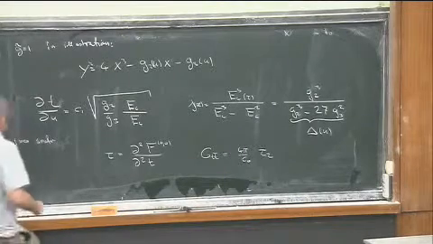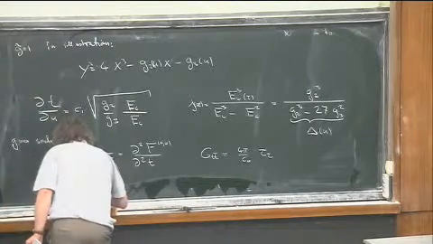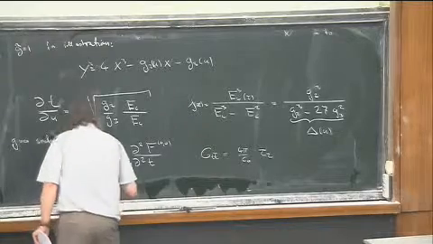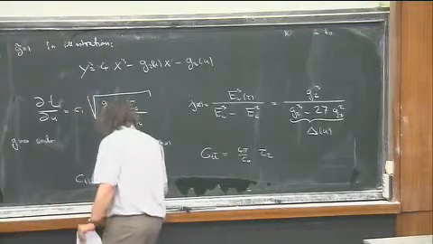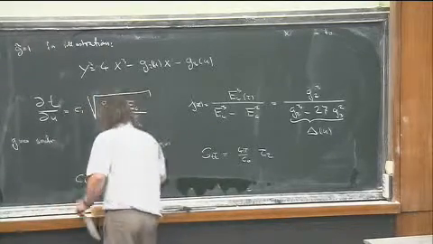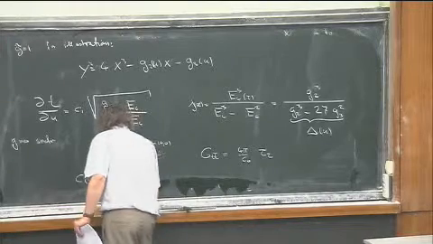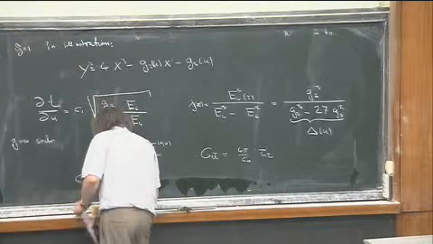And we also know what this 3-point coupling is. The 3-point coupling is just d tau over dT.